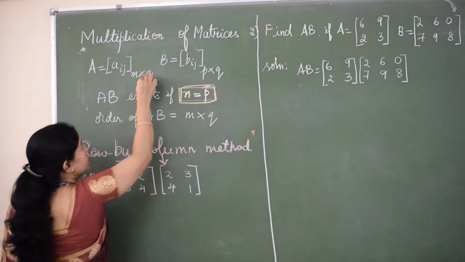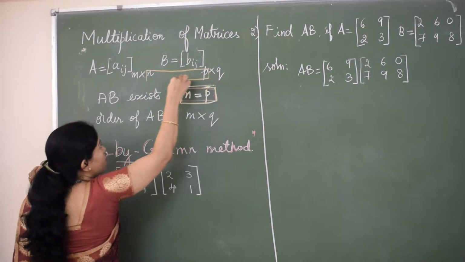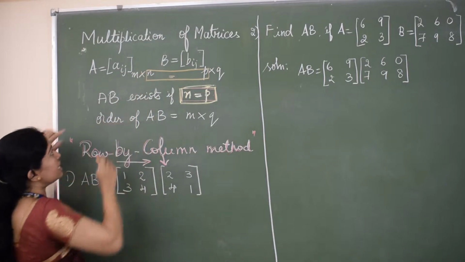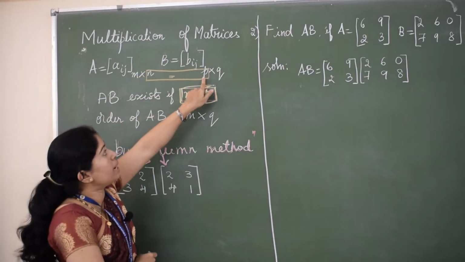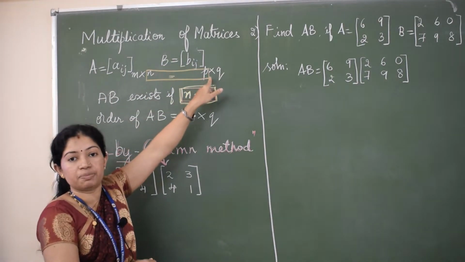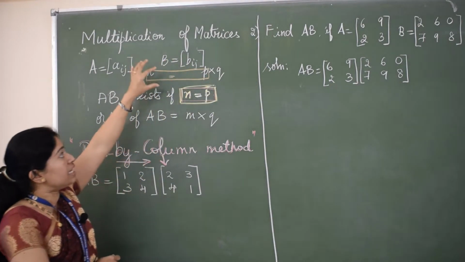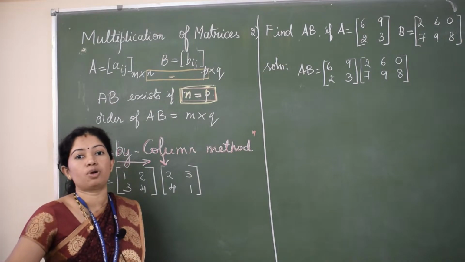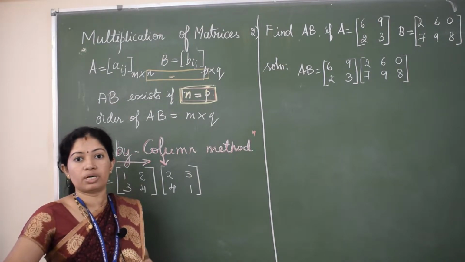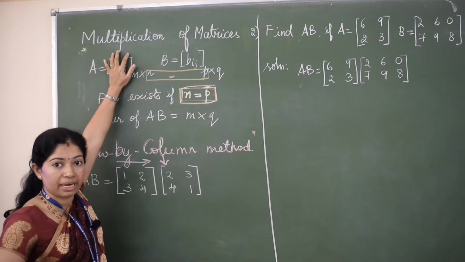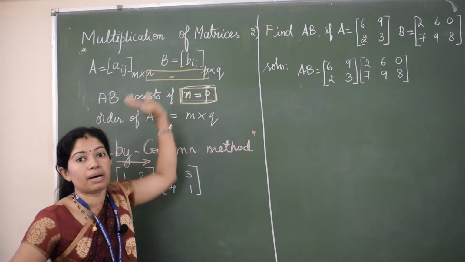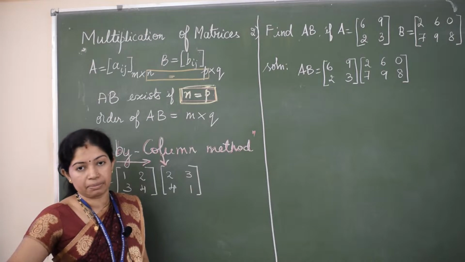The number of columns of matrix A should be equal to the number of rows of matrix B. If this condition is satisfied, then only the product AB exists. So what is that condition? Number of columns of the first matrix should be equal to the number of rows of the second matrix.